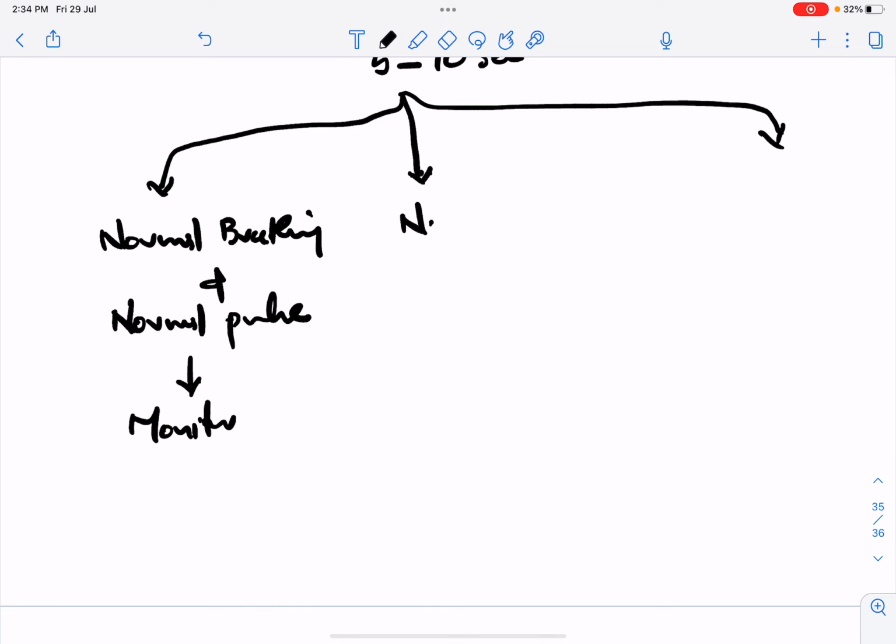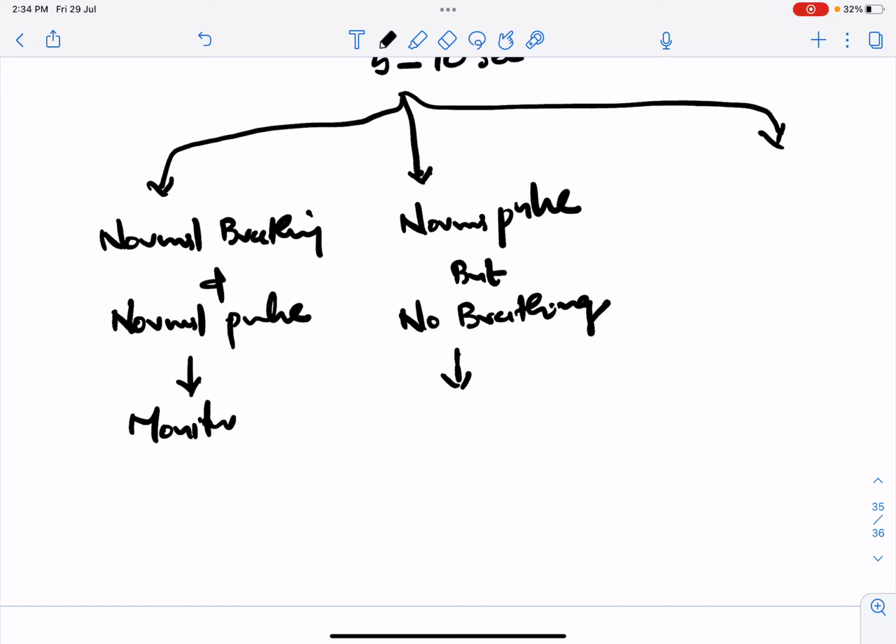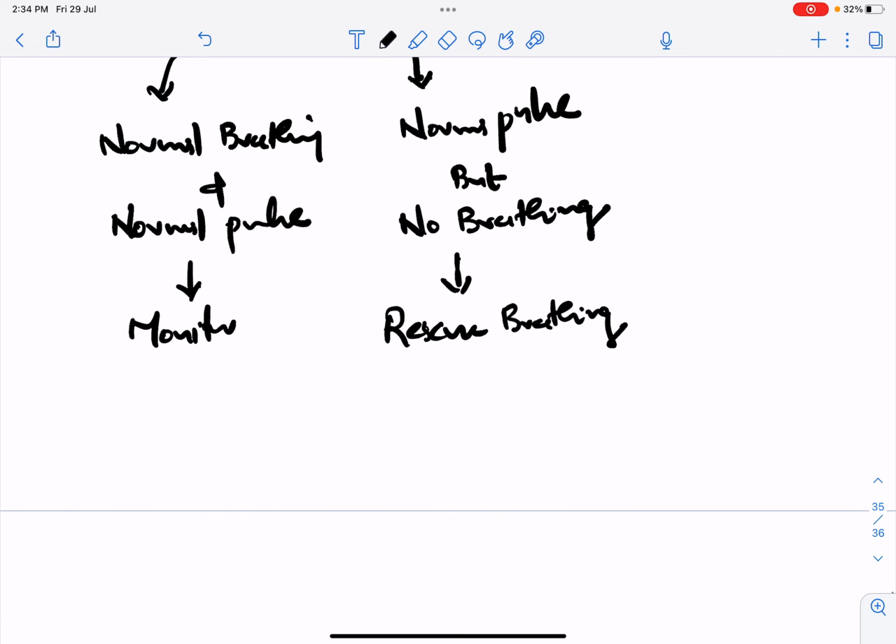Monitor the patient. In the second scenario, you have a normal pulse but no breathing. In that scenario, you have to provide rescue breathing. How to give rescue breathing?